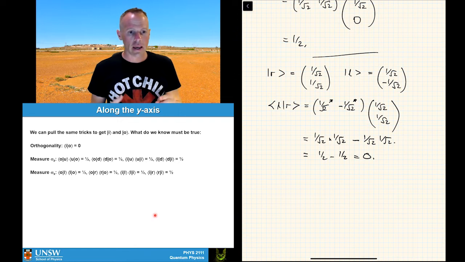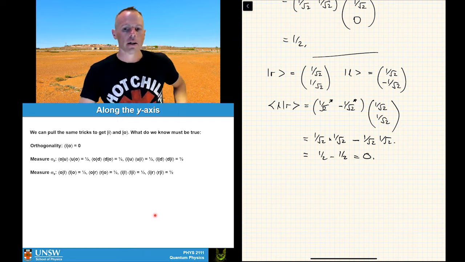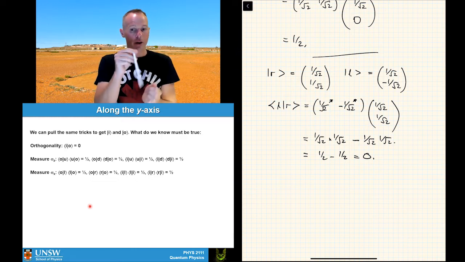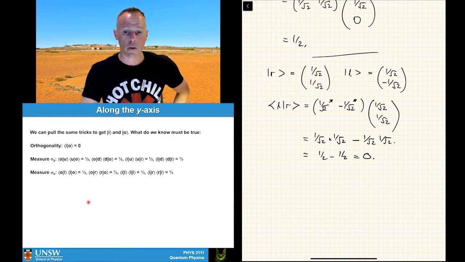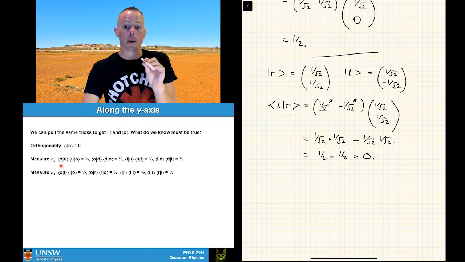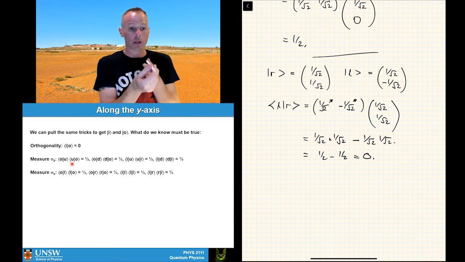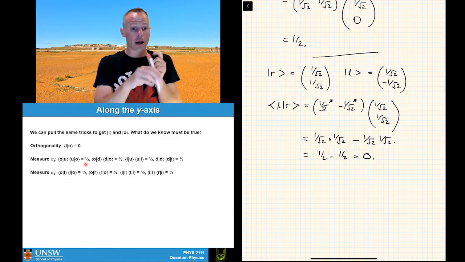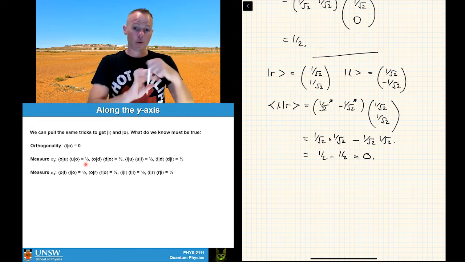And the tricks here basically are that if you have a spin that's pointing out and you ask whether it's up or down, you'll get a 50-50 probability, right? So that would be this expression here. We're basically saying if we've got a state where the spin is pointing out of the page and we want to measure what its projection is into the up state, that would be a probability of half. Out to down will be a half. Into the page to up will be a half. Into the page to down will be a half.